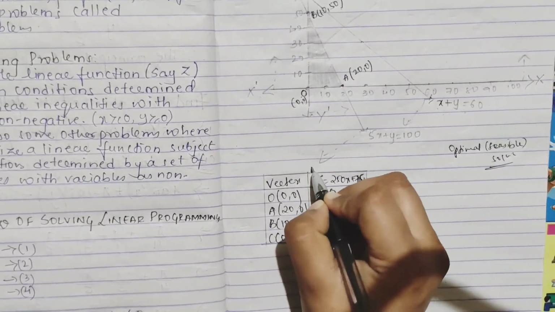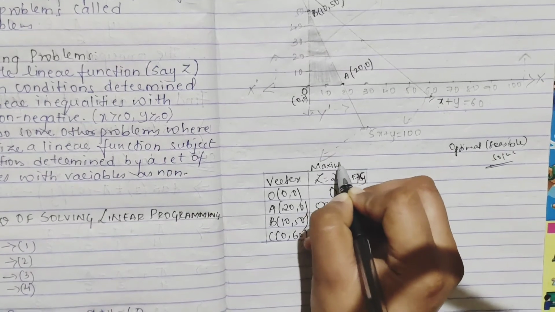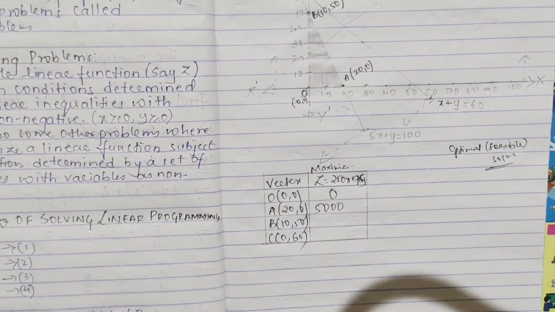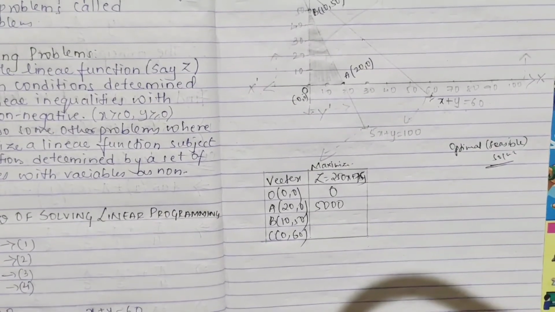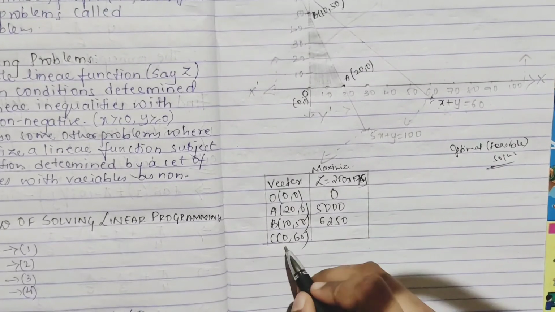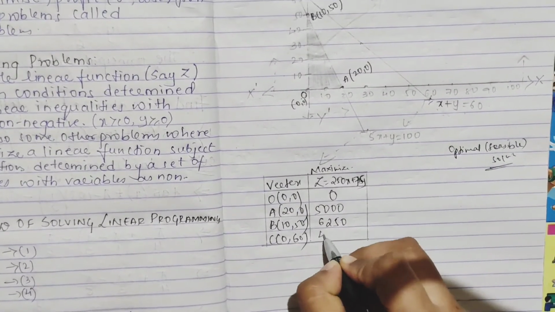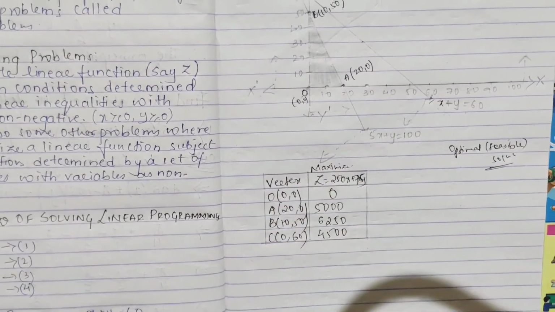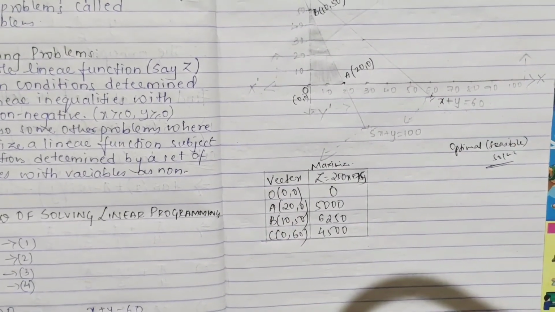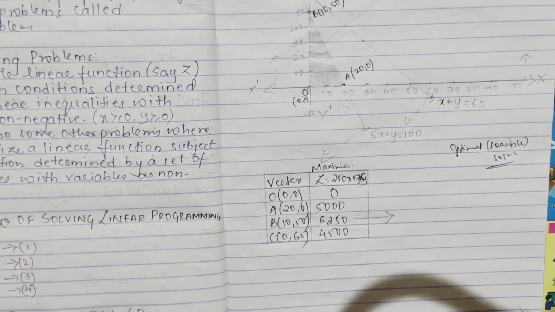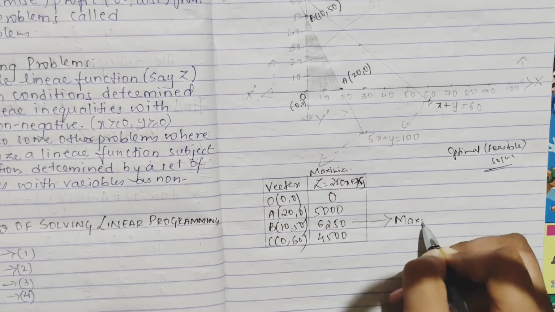You have to check your maximum. Now for 10 and 50, how much will you get? 2500, so you get 6200. This will be 0, 60, 75, 4500. So in this, which is the maximum? This is your maximum, right?